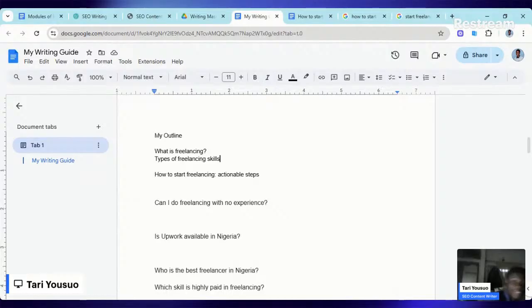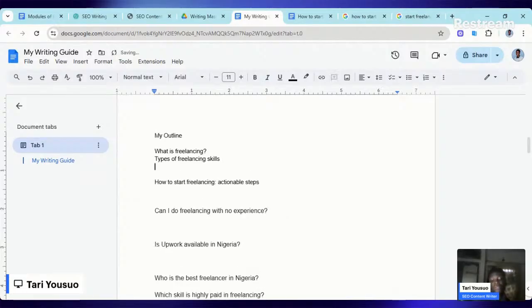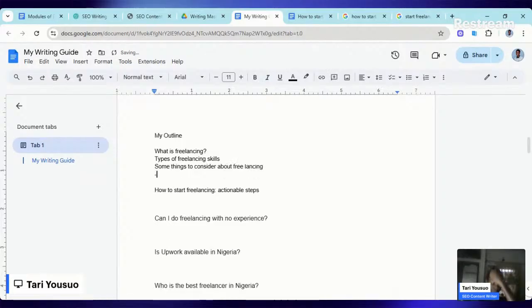And after types of freelancing, we'll talk about some things to consider about freelancing. So it's under here that I will lump in things like if it's easy.